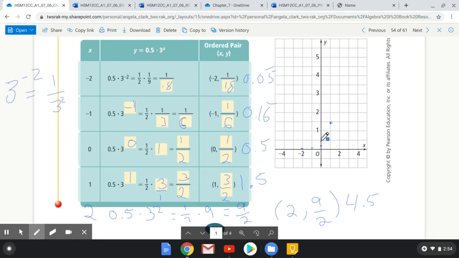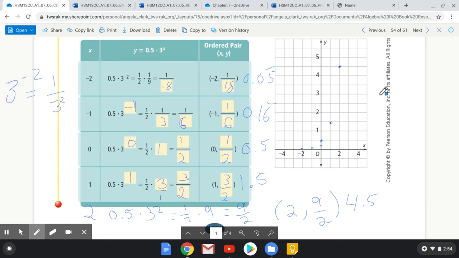So for the 0 and 1/2, 1/2 is actually here because it's scaled 1. 1 is here, so 1/2 is here. Sorry about that. So 1/2 is here, 1 and 1/2 is here. If we're at x is 2, we're at 4.5. So x is 2, we're up here at 4.5.